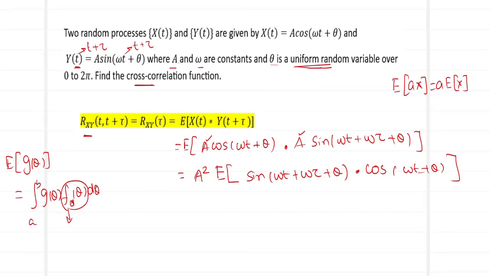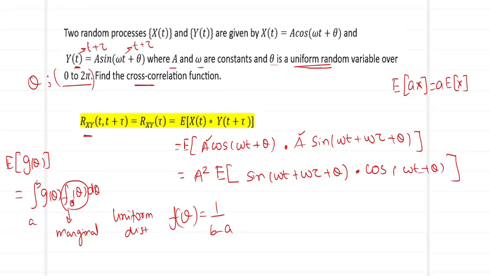This is nothing but the density function given for the uniform distribution. So what is it for our uniform distribution? Our f of theta is going to be 1 divided by b minus a. The interval of definition for theta is from 0 to 2 pi, in which case I have this as 1 divided by 2 pi minus 0, for 0 less than theta less than 2 pi.